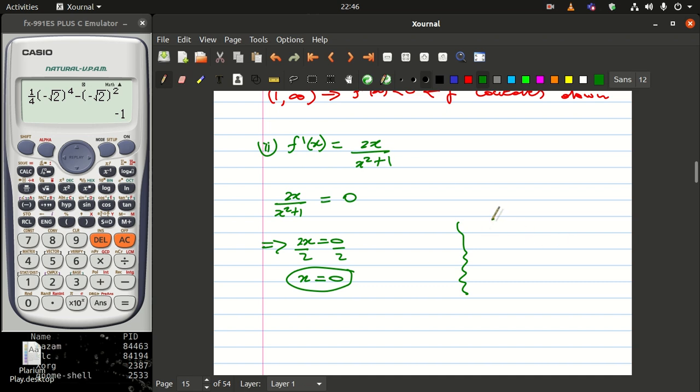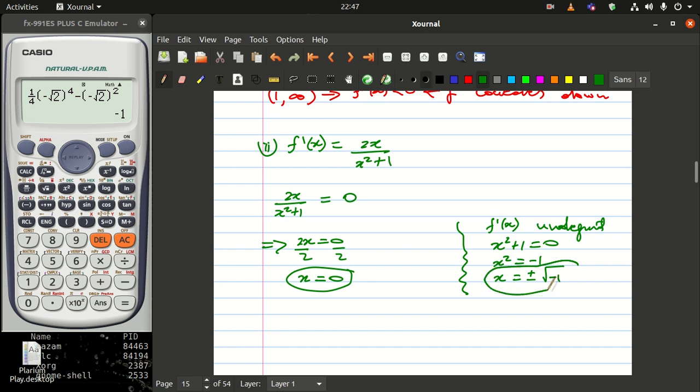Now we ask ourselves, what are the values of x that will make this undefined? In other words, we want to find where f prime of x is undefined. This one was when f prime of x was equal to 0. Now this one, we want it undefined. For this to be undefined, we want the denominator to be equal to 0. In other words, x squared equal to minus 1, so x equal to plus or minus the square root of minus 1.